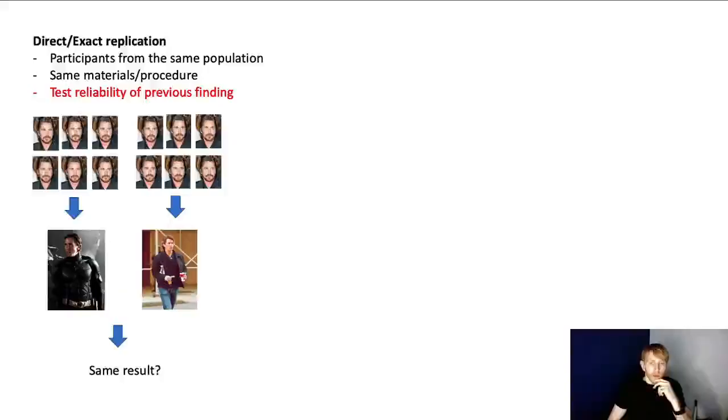An important point about a direct replication is that all theoretically relevant components of a study should be replicated. There will always be differences between studies. If you recruit two groups of men and measure them on all kinds of variables, you will find differences between that group and the original participants. So it is impossible to do an exact direct replication.